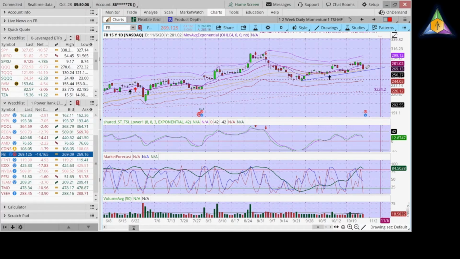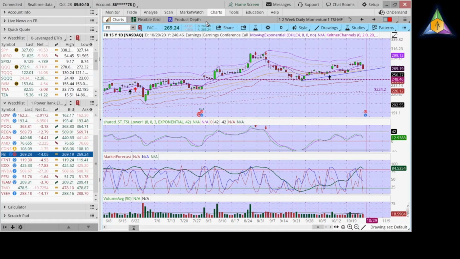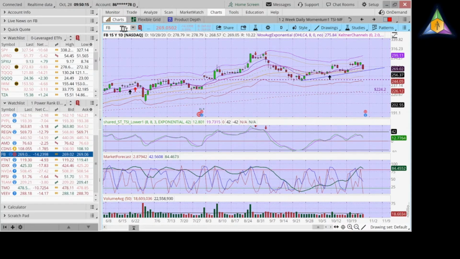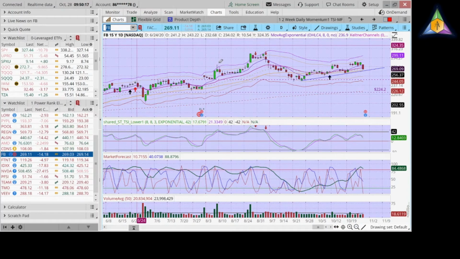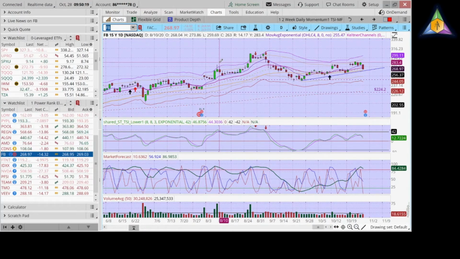If it breaks down below that, we're probably going to go down and retest about the 246 level. It may all happen after Thursday's close. Friday might be a very exciting day for everything.